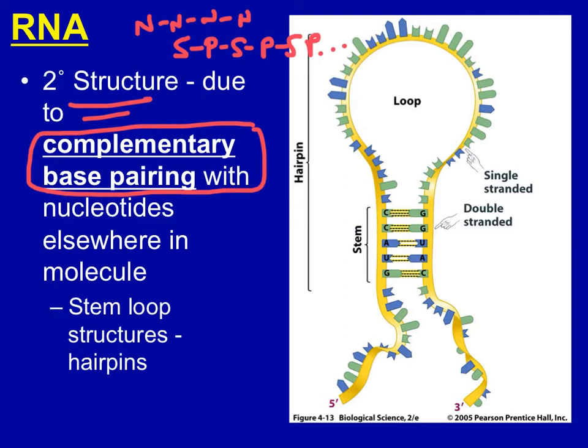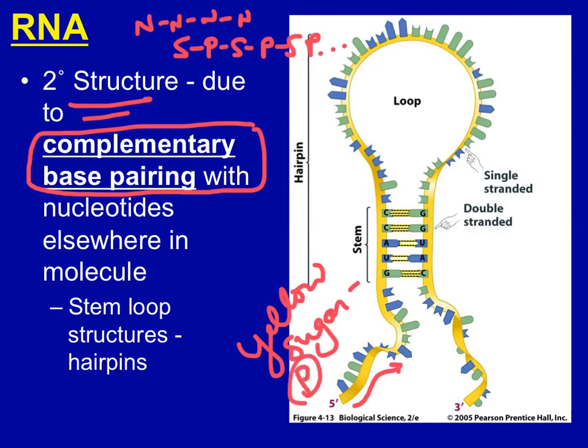And what it means is, even though you have a string, here they're showing you in yellow the sugar phosphate backbone. And each of the little blue and green tabs is a different base.